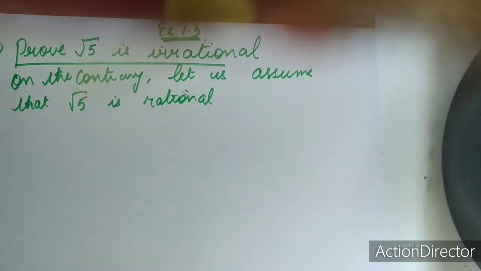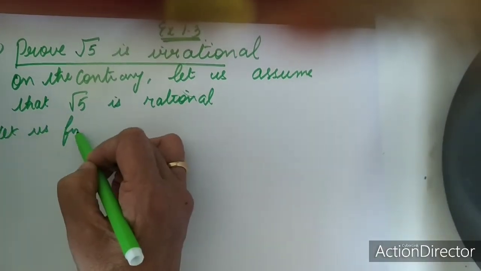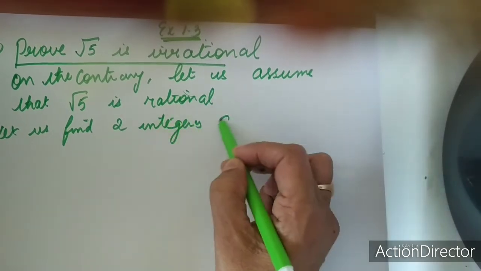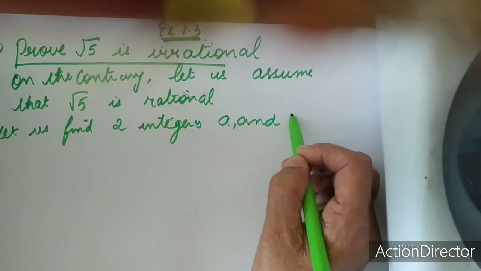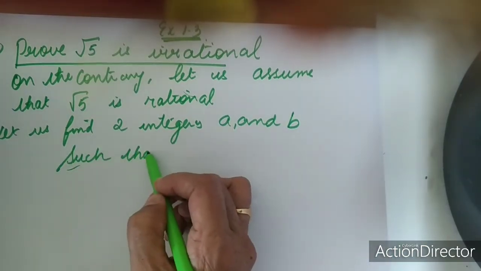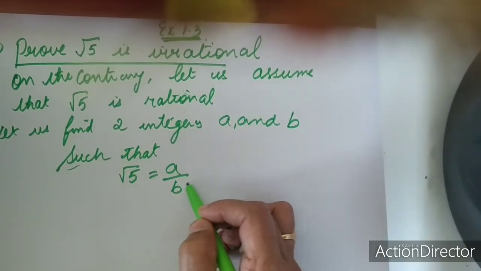So we have to find two integers to represent this root 5. So let us find two integers A and B such that root 5 is equal to A upon B.